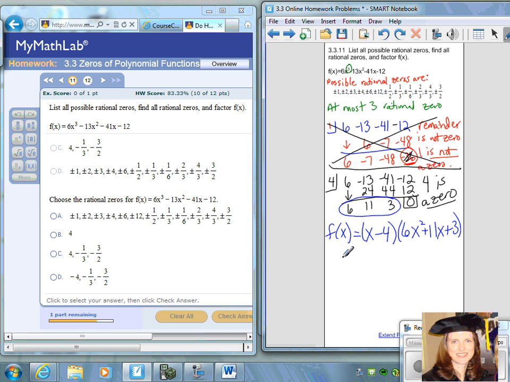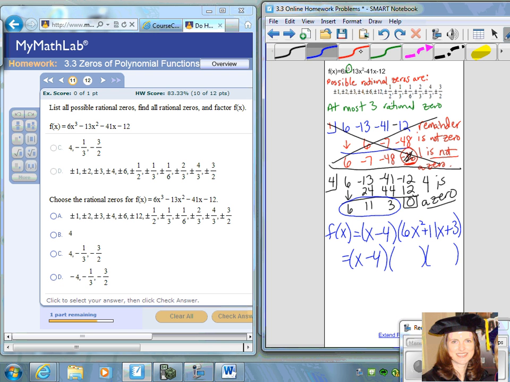We're going to factor the 6x squared plus 11x plus 3.